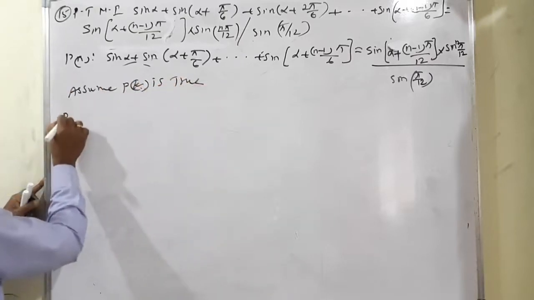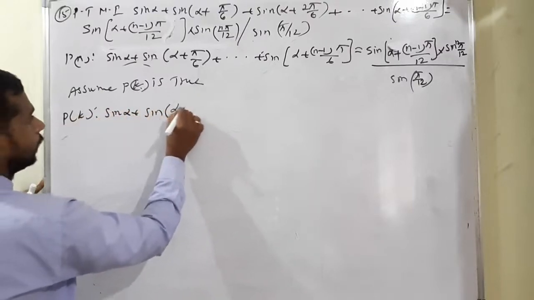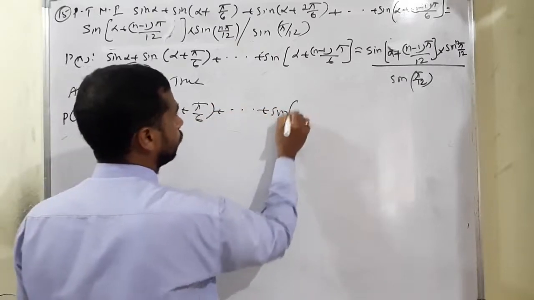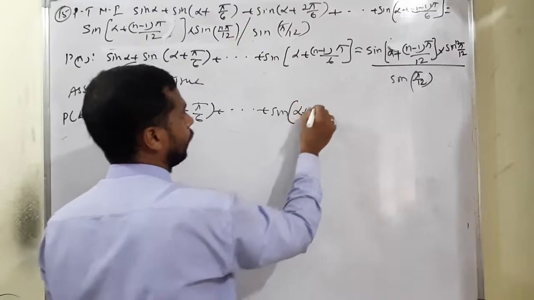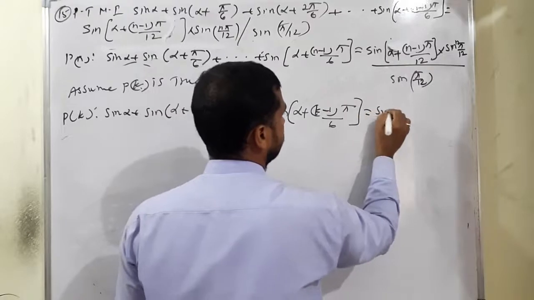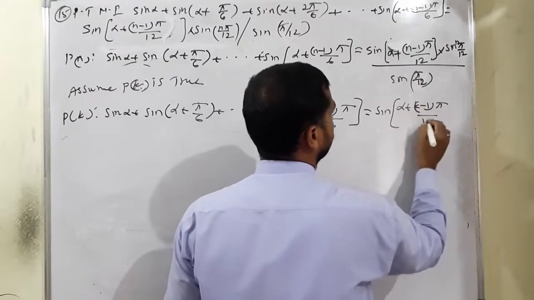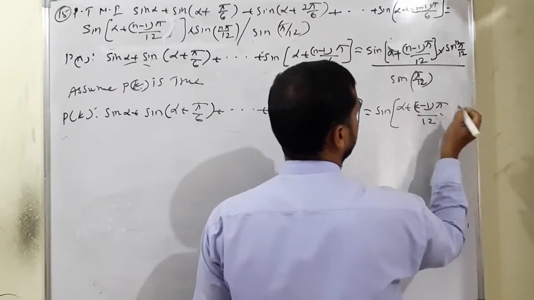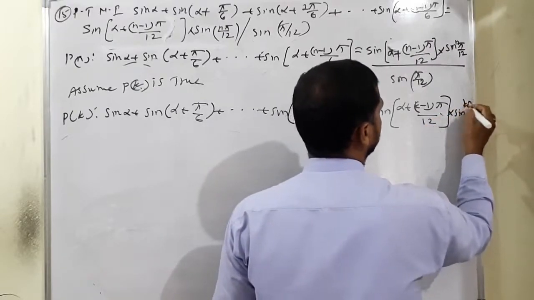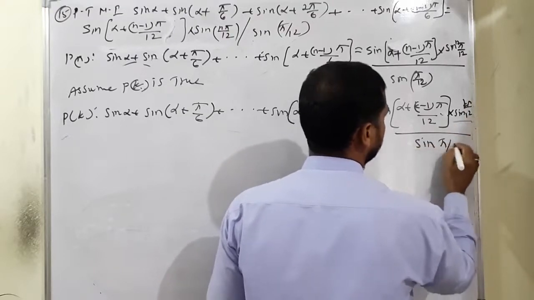So, P of k is true means sin alpha plus sin of alpha plus pi by 6 plus ... plus sin of alpha plus (k minus 1) into pi by 6 is equal to sin of alpha plus (k minus 1) into pi by 12, into sin k pi by 12, the whole term divided by sin pi by 12.